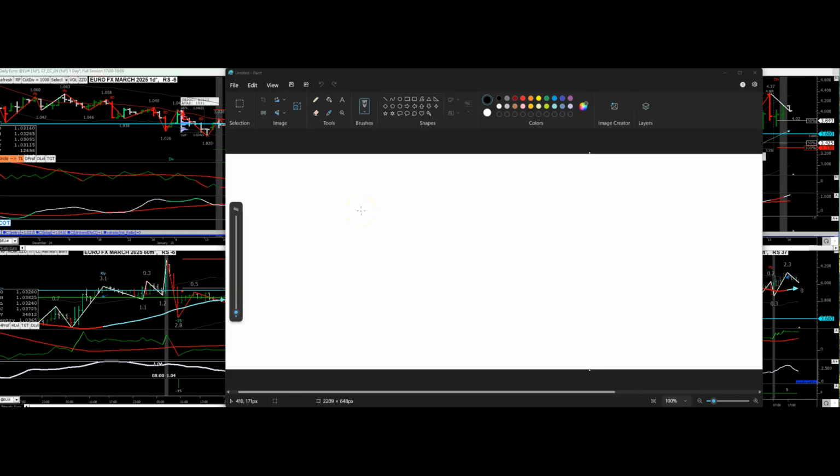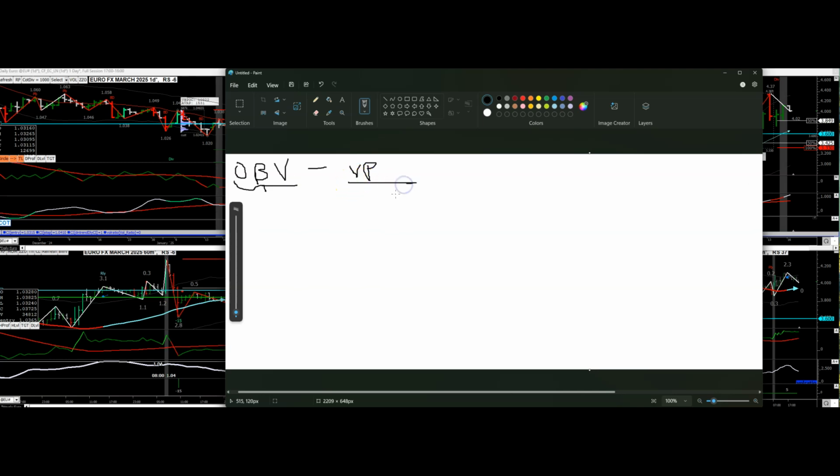So a simple thing we'll start off with is on balance volume, right? OBV. And then we'll go into volume profile.